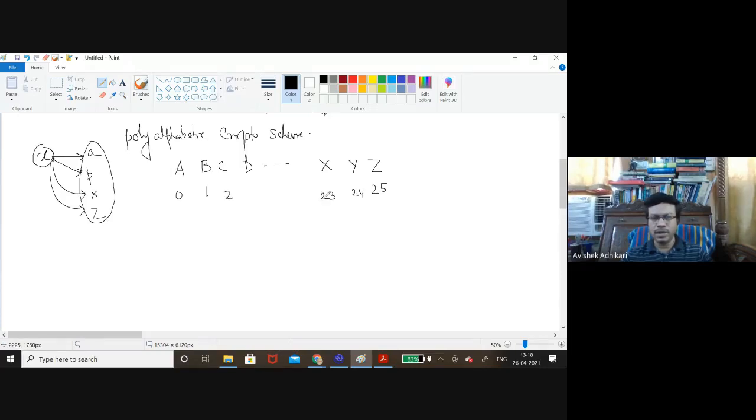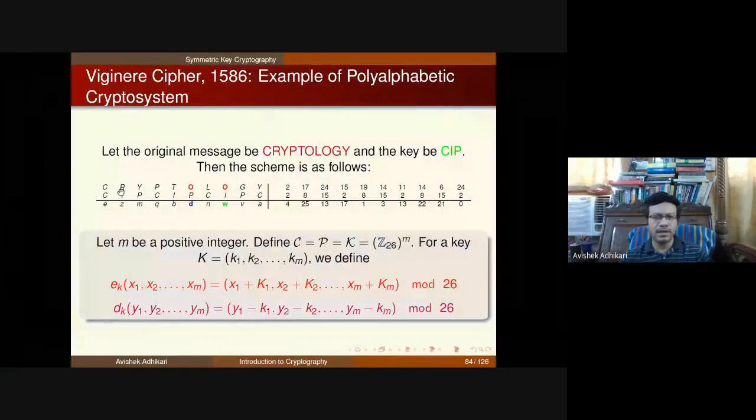So the roll number for C is 2. In this plain text, C means 2. Similarly, R means 17, Y means 24, and so on. In the key, C was 2, the roll number of I was 8, and P was 15. Then I repeat the same thing, 2, 8, 15, 2, 8, 15, and it's only 2 at the end.